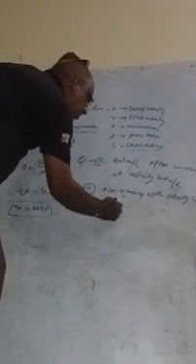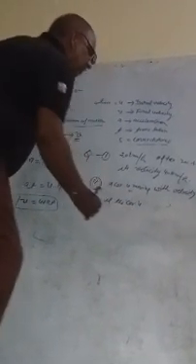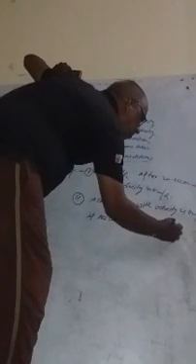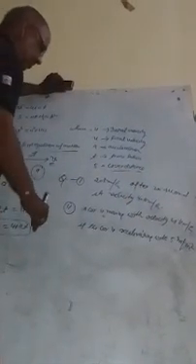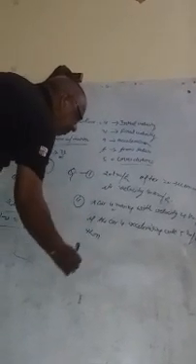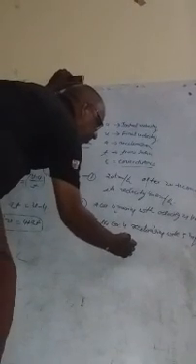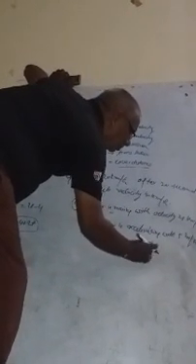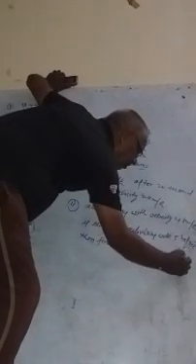If the car is accelerating with 5 meter per second square, then find out the velocity of the car after 30 seconds.